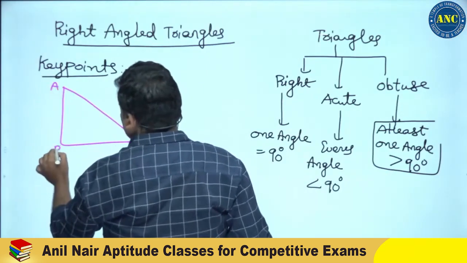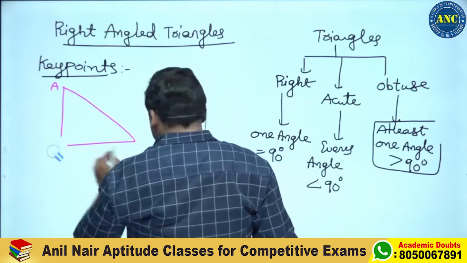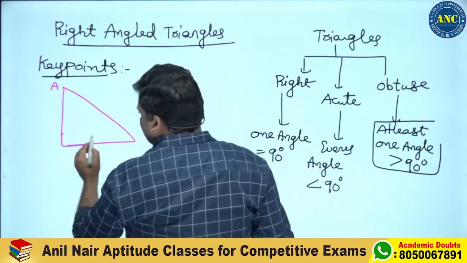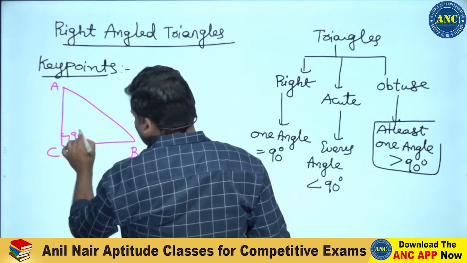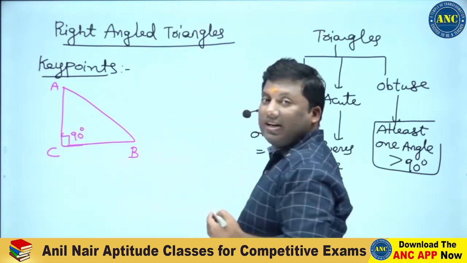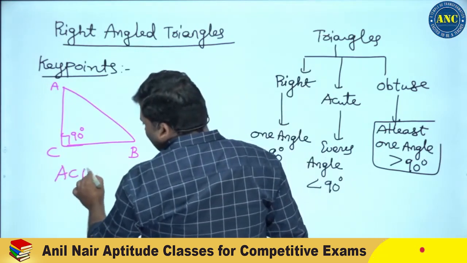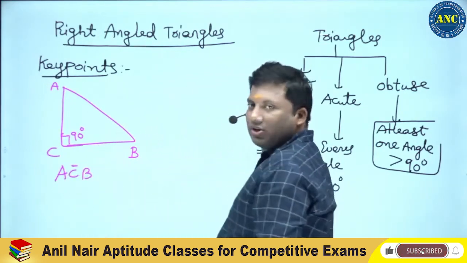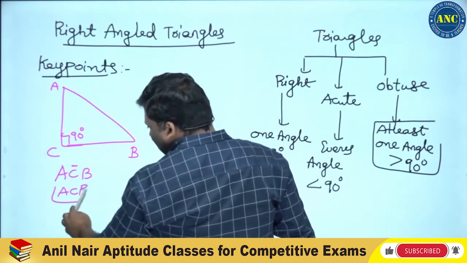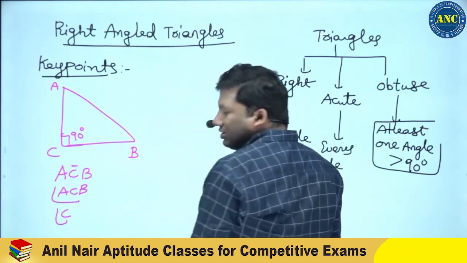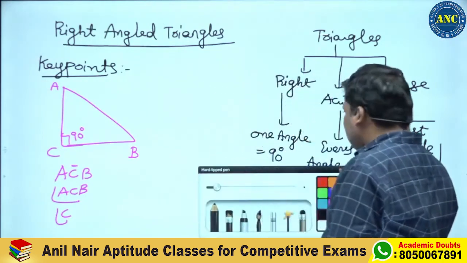If ACB is a triangle in which angle C is 90 degrees, then in ACB the middle letter is the angle we are referring to, angle ACB.